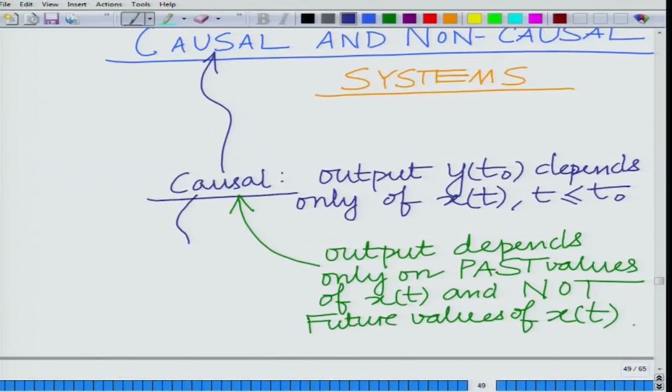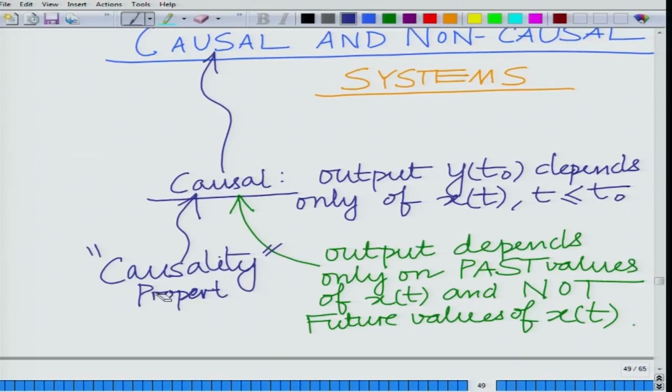Such a system is known as causal. This property is termed causality, which arises from the English word cause, which means the input causes, or the input explains, the output.